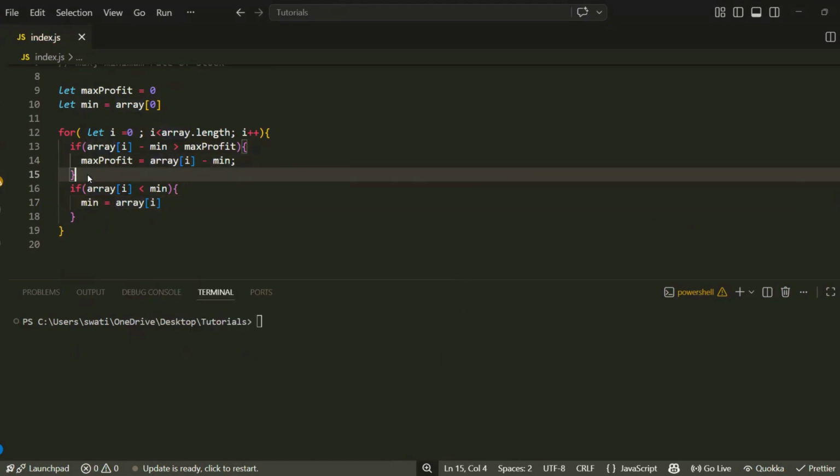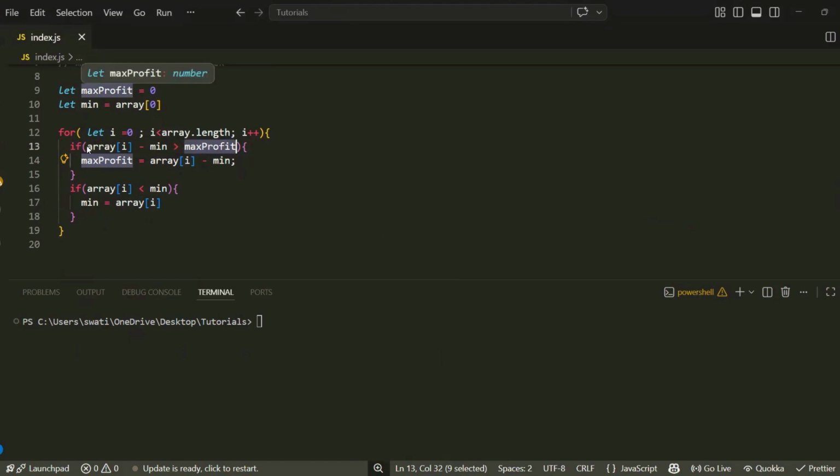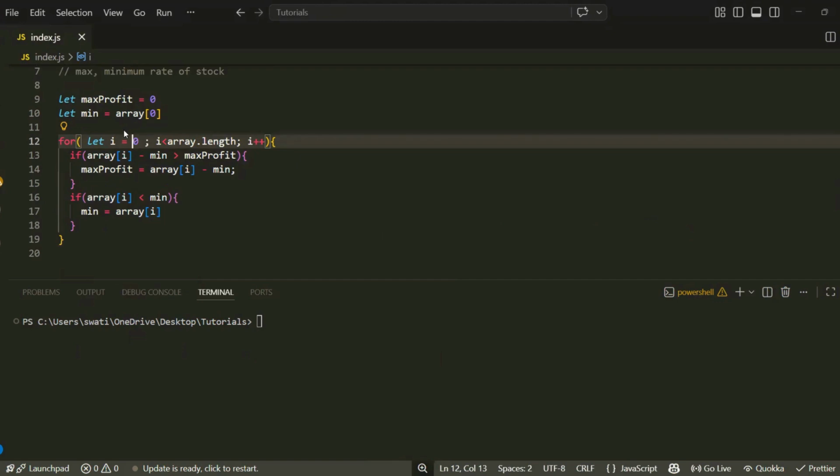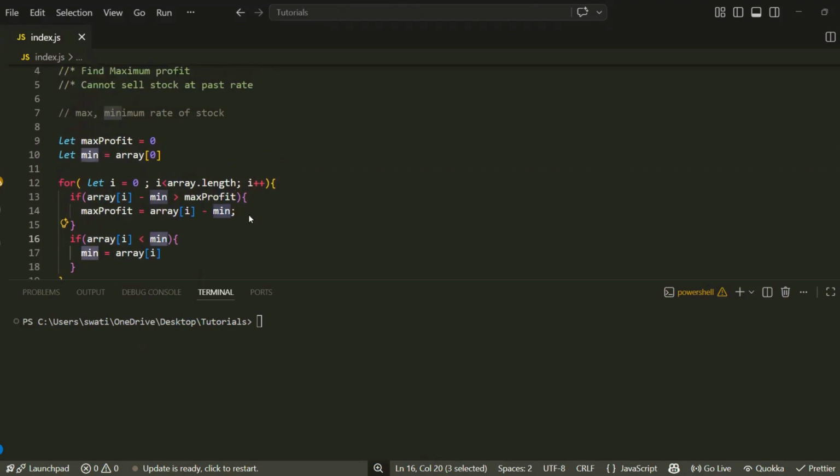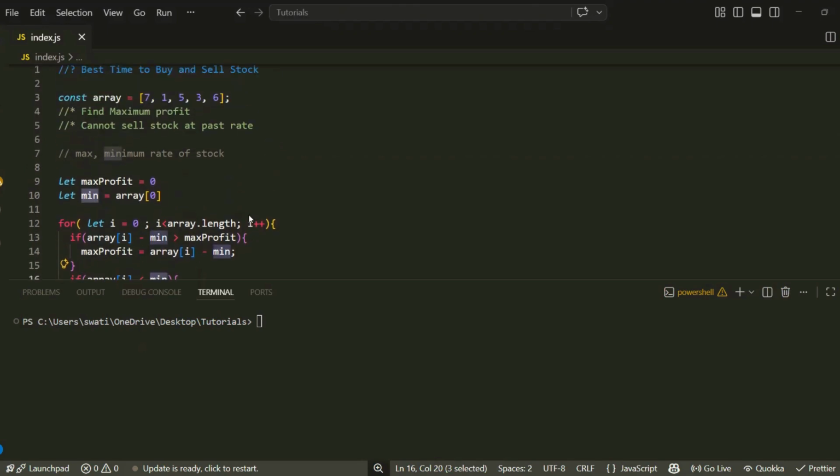So in one part, we are checking if the value of maximum profit is less than array of I, that is current, whatever the value of I will be at whatever point of time, minus the min. If it is greater, if this difference is greater than the max profit, then we need to update our max profit. And in case if the array of I at some point of time is less than minimum, then we are going to update this min.